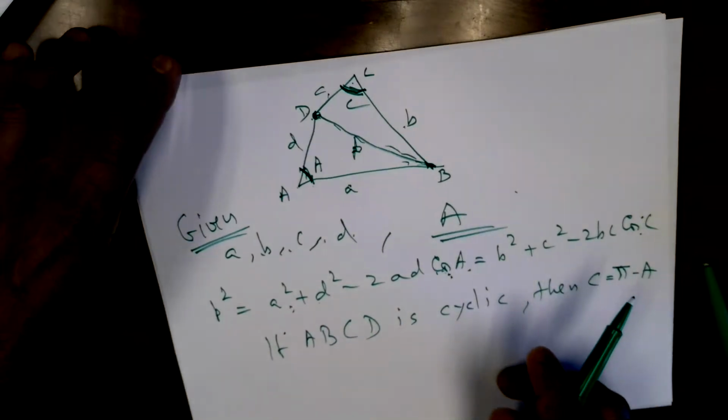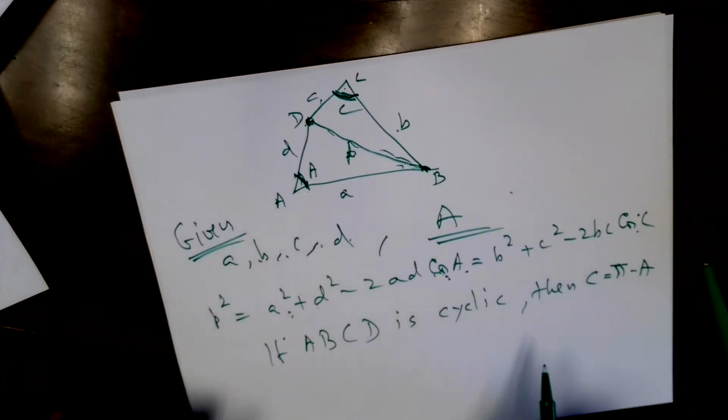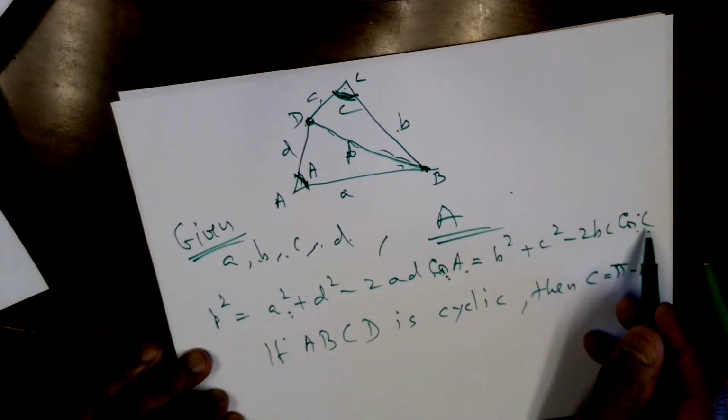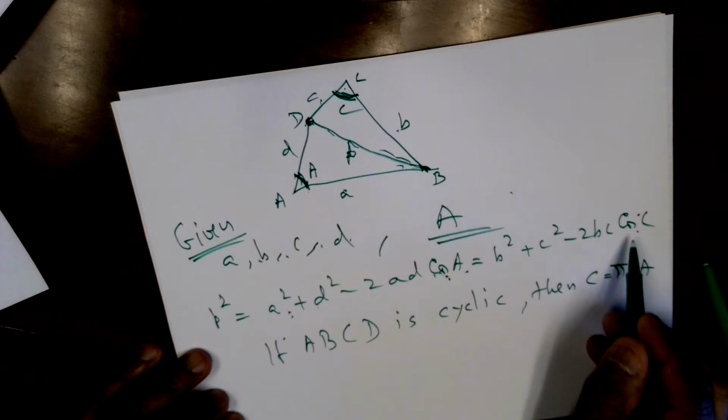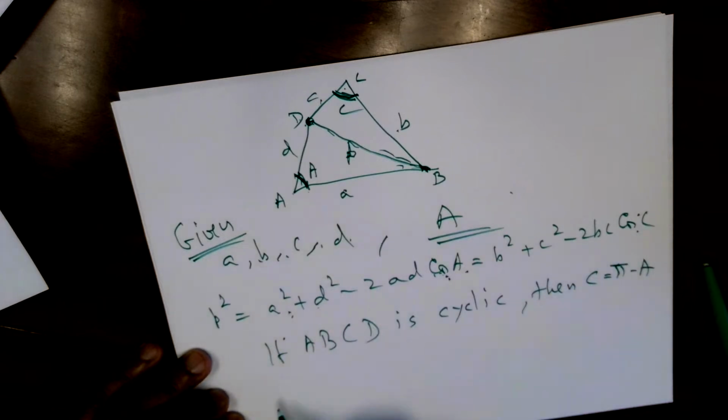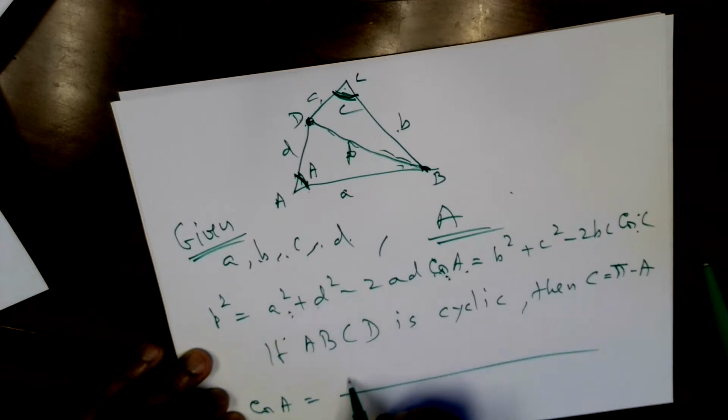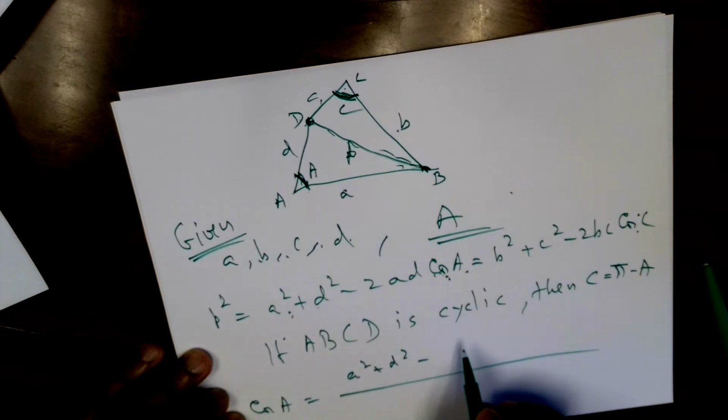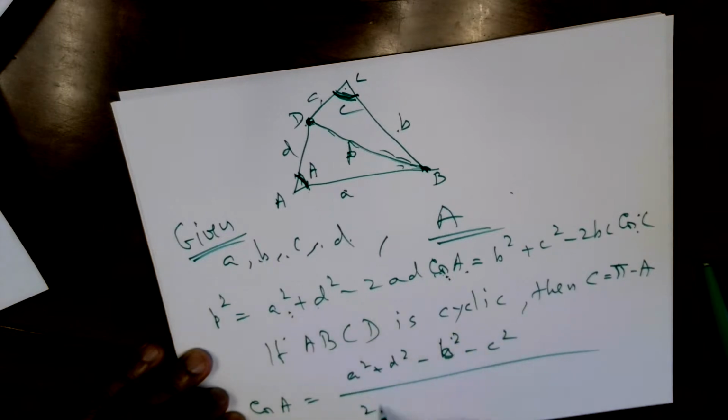So C is pi minus A, so cos C is minus cos A. We had this formula before: cos A is A squared plus D squared minus B squared minus C squared over 2 times AD plus BC.